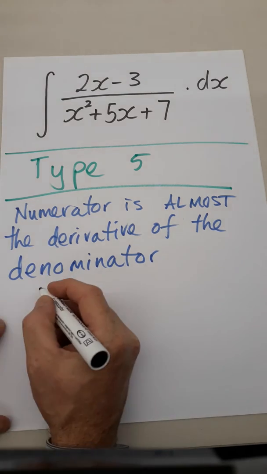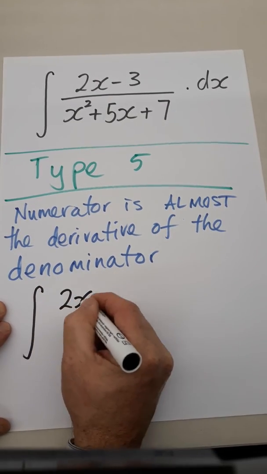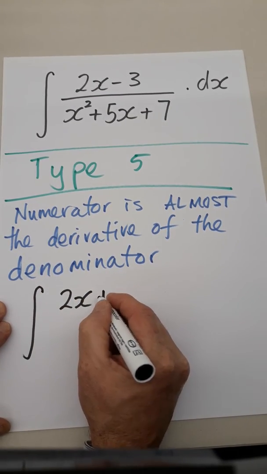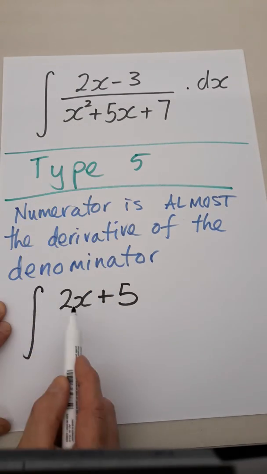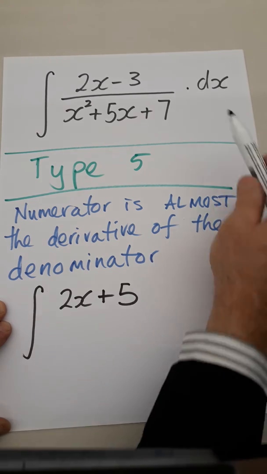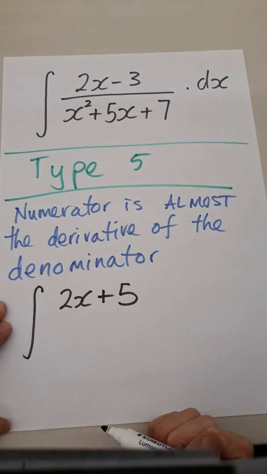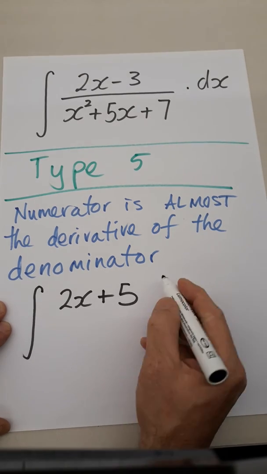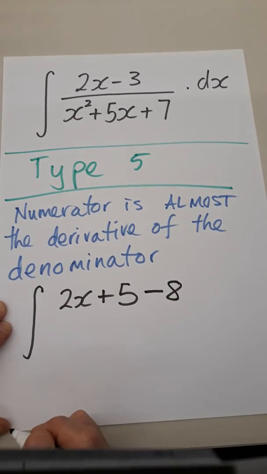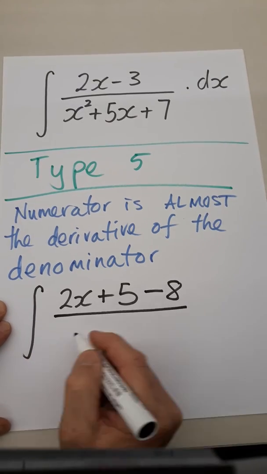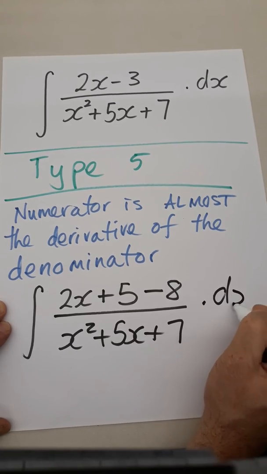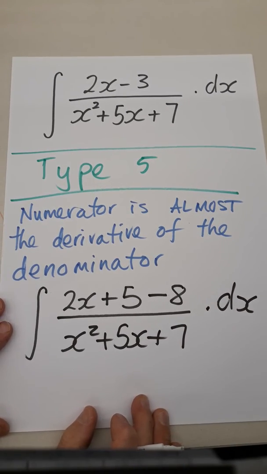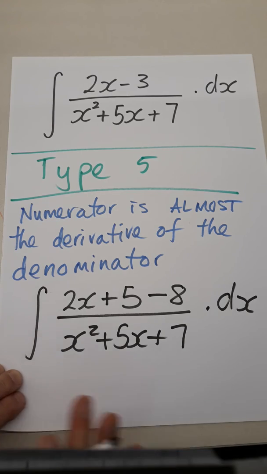So this will be the integral of 2x plus 5, because the derivative of x squared plus 5x is 2x plus 5. But it's supposed to be minus 3. So instead of plus 5, I've got a minus 8. Now I'm able to split this up into two different types.